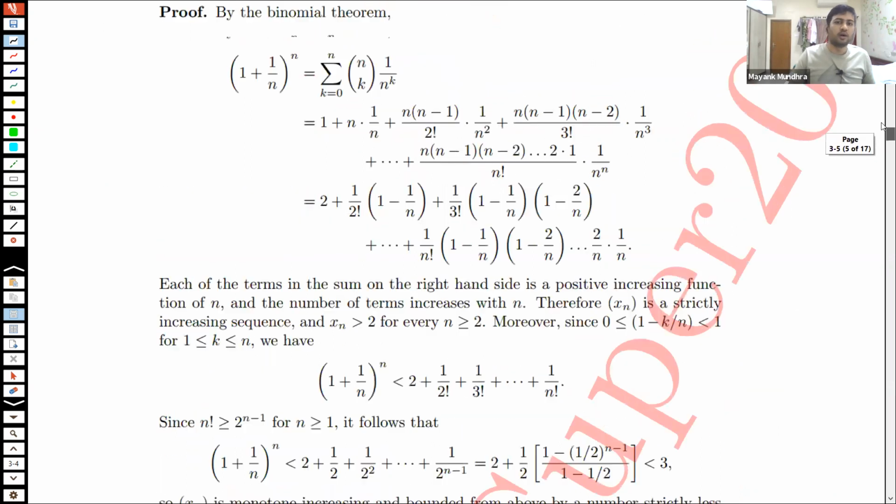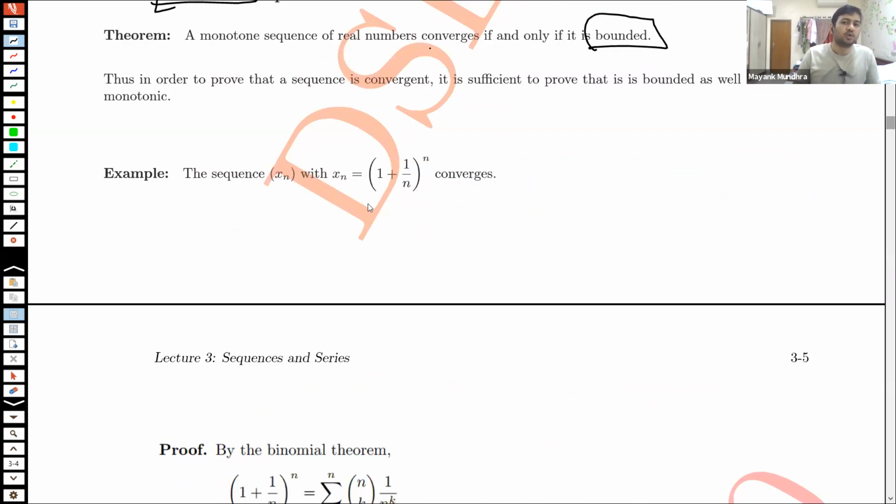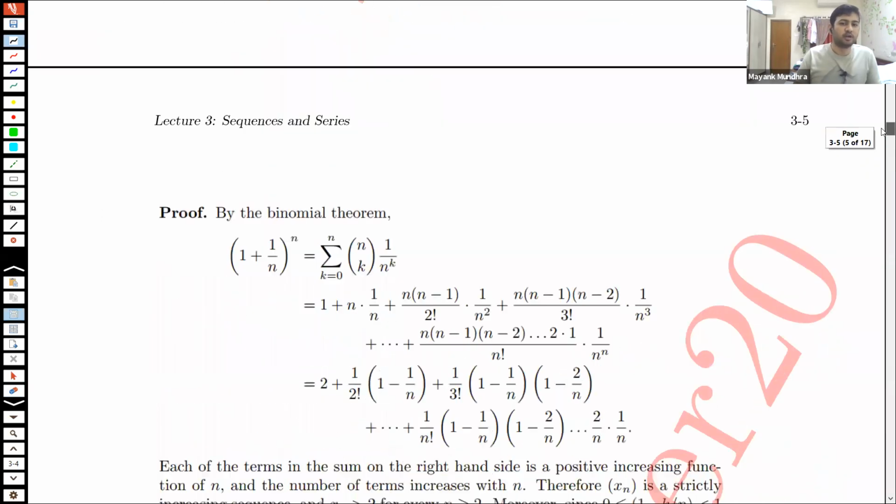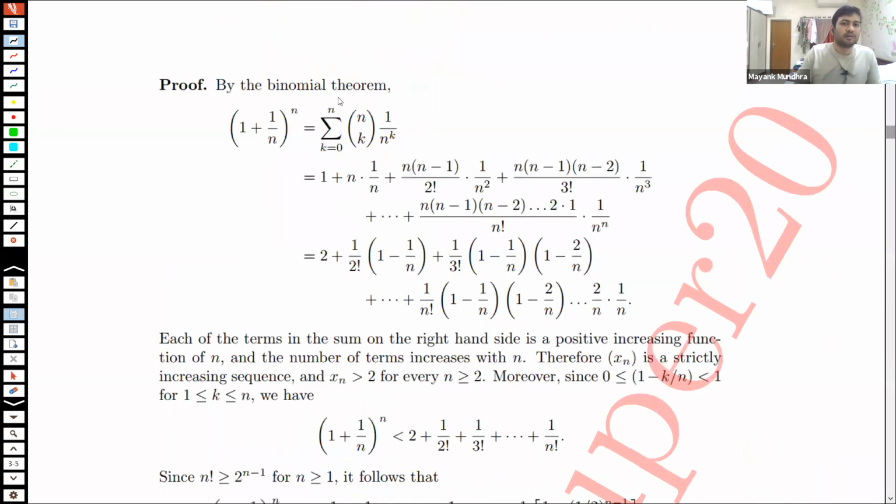So what I'm going to do is expand this particular sequence using the binomial theorem. Now, binomial theorem you will do in PNC if you have not done this before.